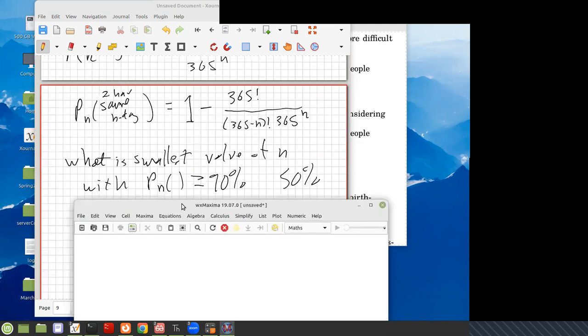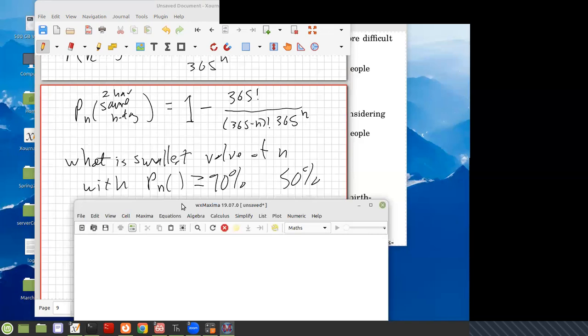If I was to put a problem like this on a demonstration, I would change it up a little bit and ask, if you have 30 people, what's the probability that they were born on the same day of the week or the same month?